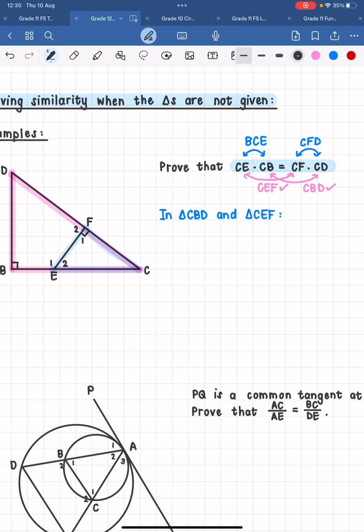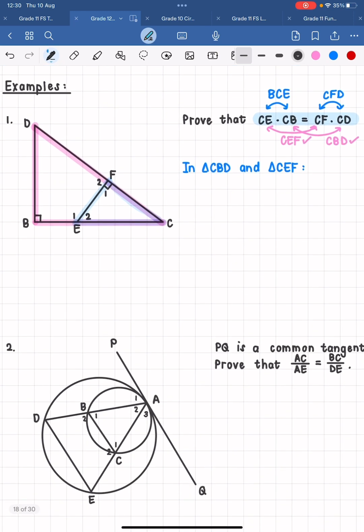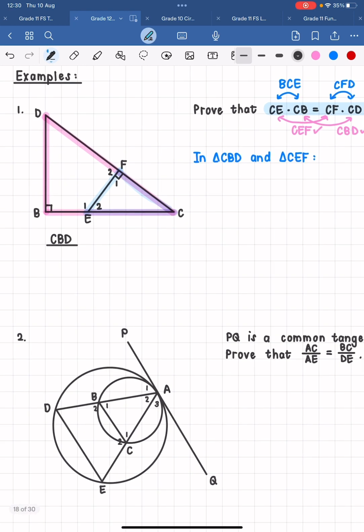Now again, if you don't know how to prove these triangles similar, just quickly underneath here, I'm going to list the three angles. So we have CBD. That's my first triangle. So in this big triangle, I have angle C, I have angle B, and I have angle D. And again, guys, if you can see how to prove these two triangles similar straight away, then you don't have to do this.